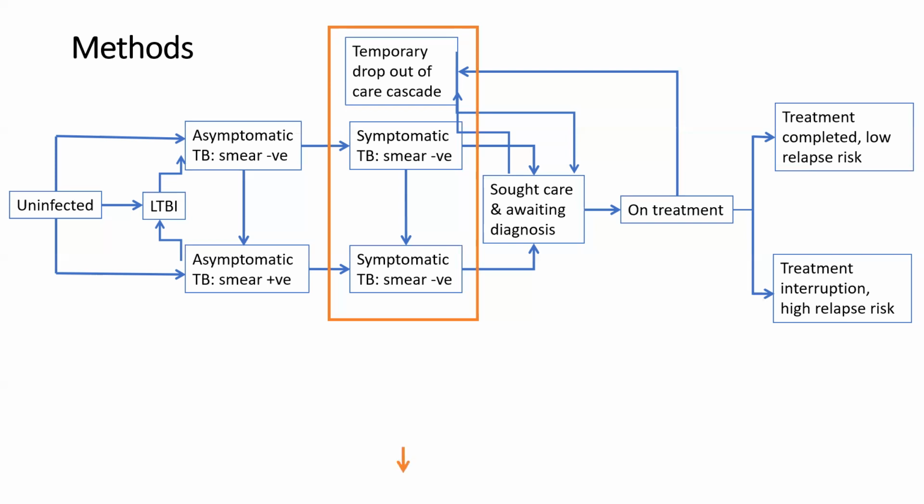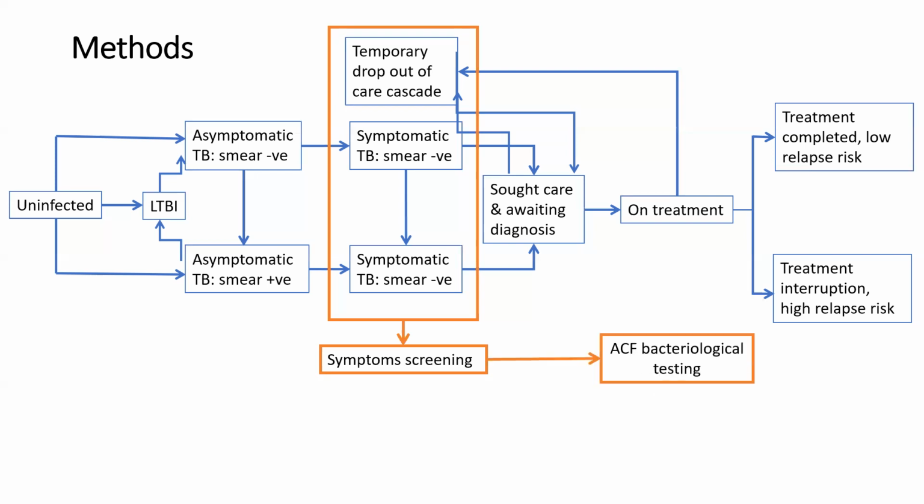During active case finding, as I mentioned earlier, there is symptom screening. Symptom screening is followed by bacterial confirmation testing, which in this case is GeneXpert. After bacterial confirmation, individuals are started on treatment.